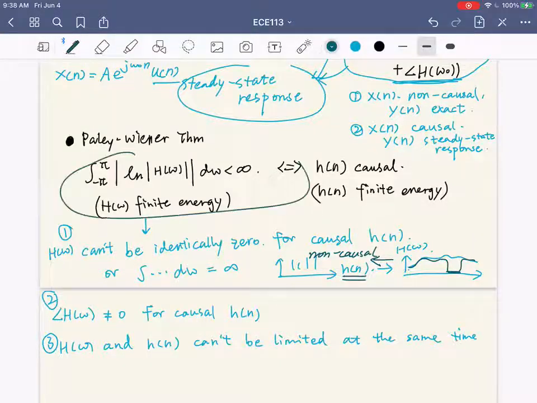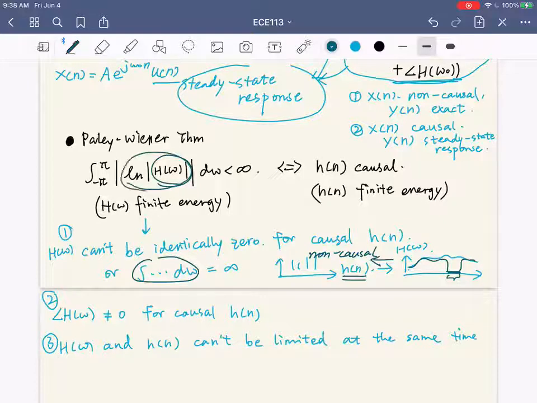Because according to the theorem, if it is continuously zero for a period, the integral here will become infinity. Because when you have zero, your ln zero will be negative infinity, right? And if you take the integral of the infinity, you will get infinity. So this will contradict with our conclusion. So the h of n will not be causal.